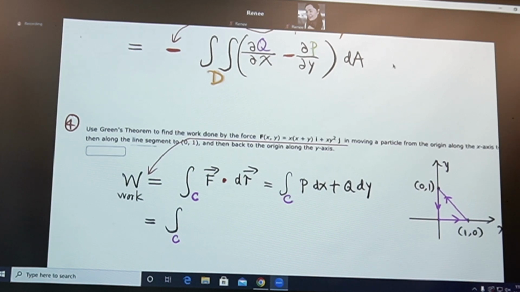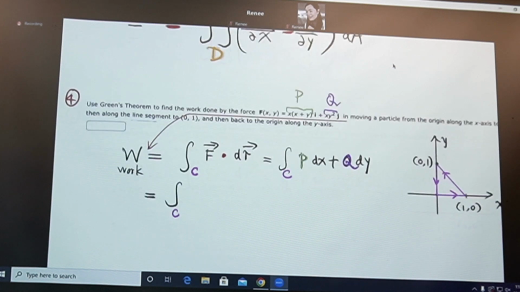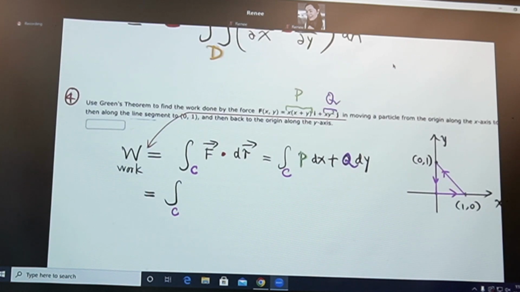So the P over here is what? The P over here is this. This is P. Okay, what's the Q? The Q over here is this one. This is Q.